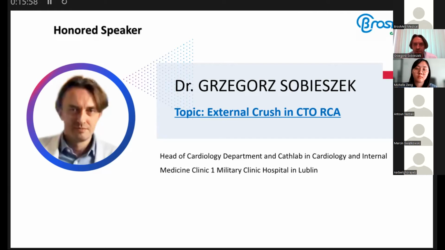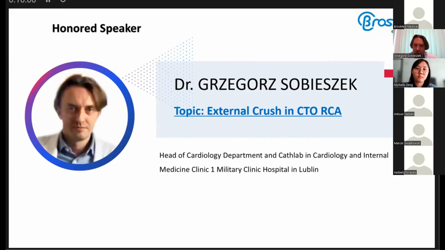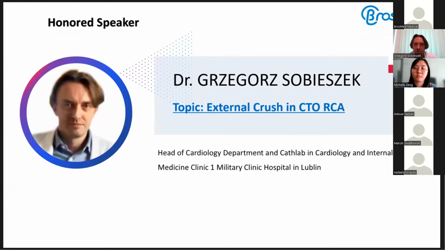If that's not working, sometimes I use granuloplasty, and sometimes it works, but we must know that the complications can be very big dissection and perforation. And I think if it's not working, external crush is quite a good solution.